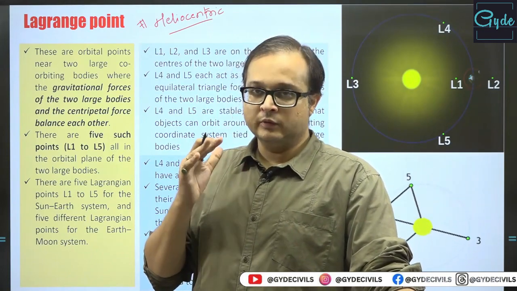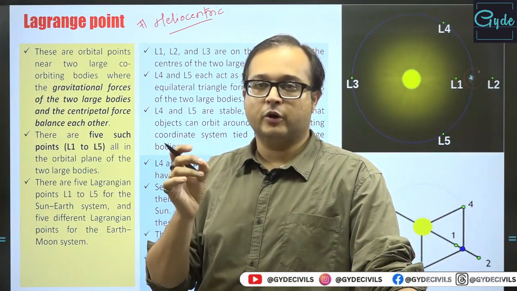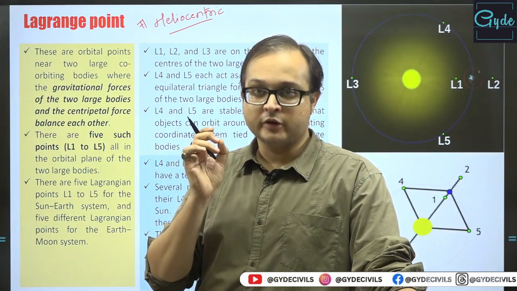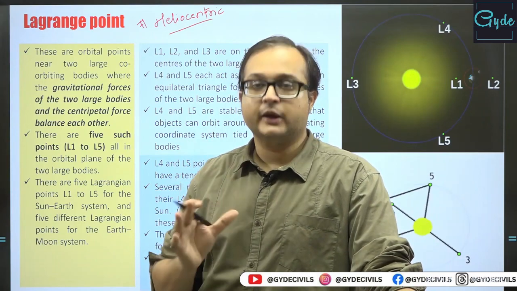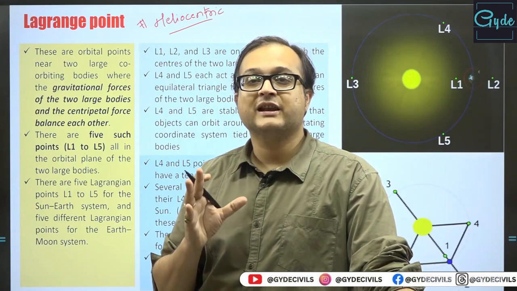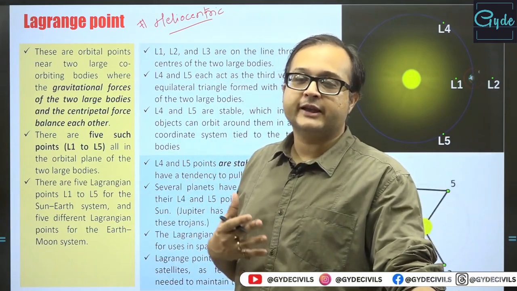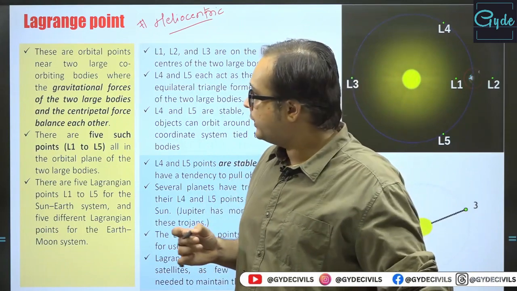So the net resultant force on a particular object becomes zero at a particular point in space. Then such points are called Lagrange points, or the orbits are called Lagrangian orbits, right?